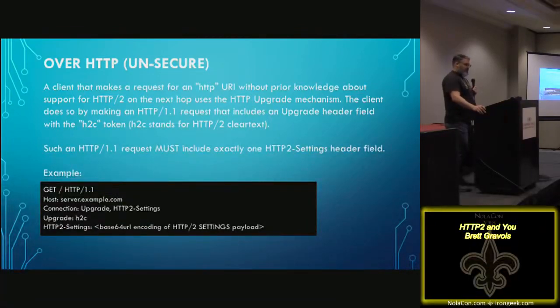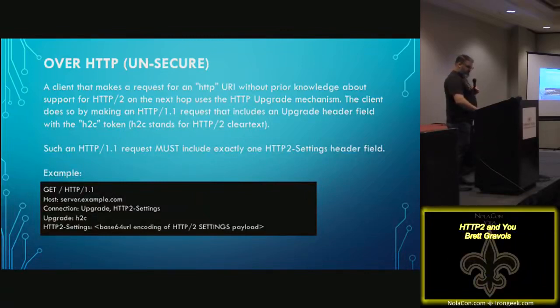The client will make the request without prior knowledge of whether the server supports it. So it'll create, as you can see, the upgrade in the header request to H2C, and then on the next hop, it'll use an upgrade mechanism.